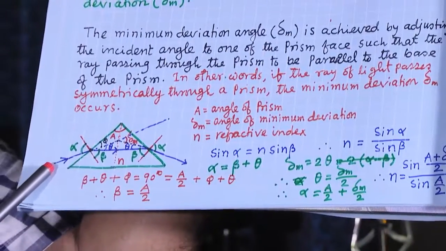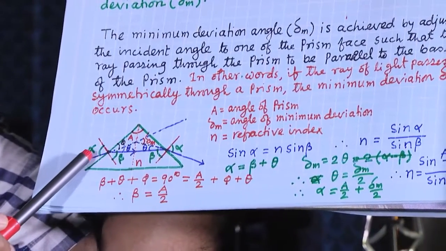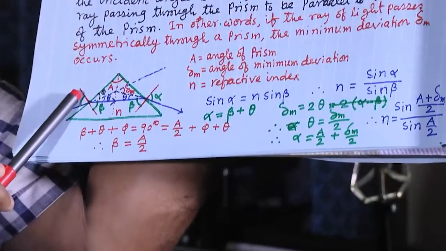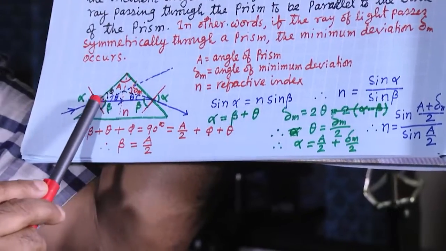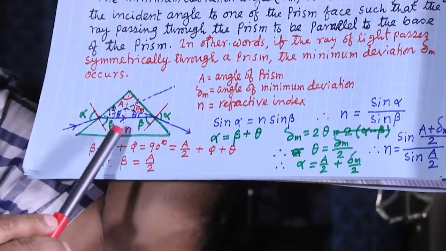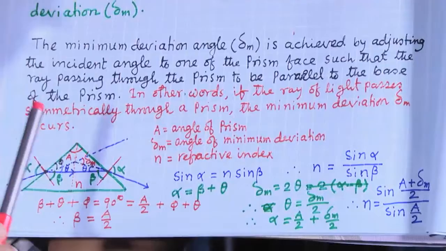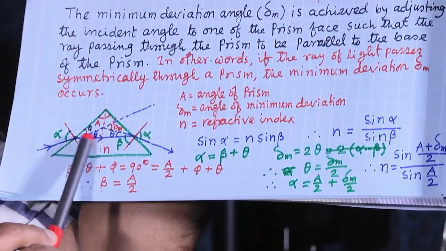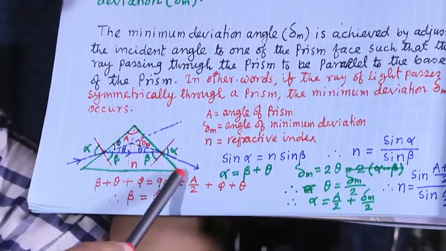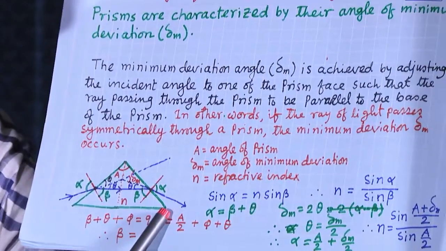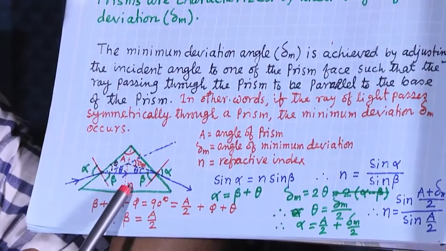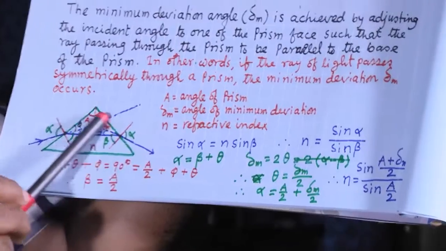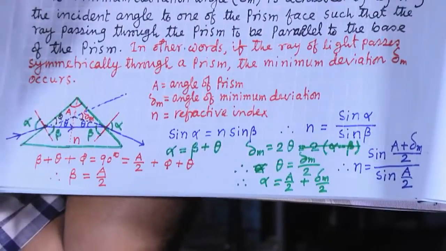Means this angle of incidence will be adjusted such that the refracted ray inside the prism will be parallel to the base of the prism. Under that condition, whatever deviation we get is the minimum deviation.